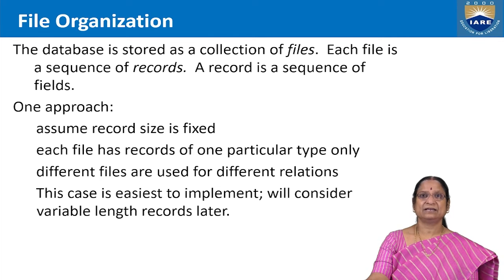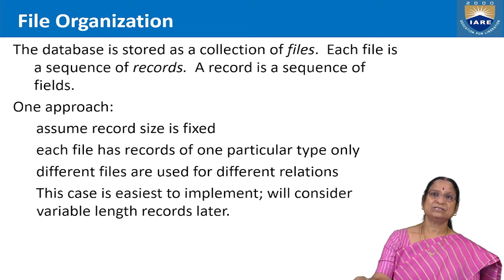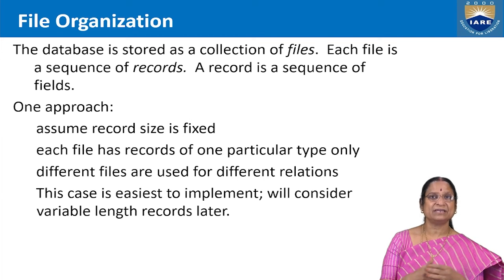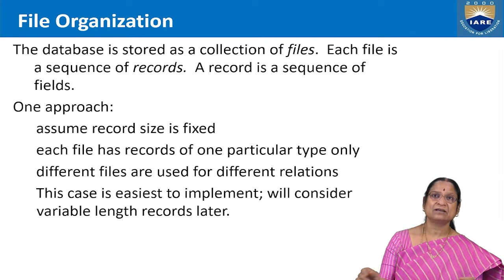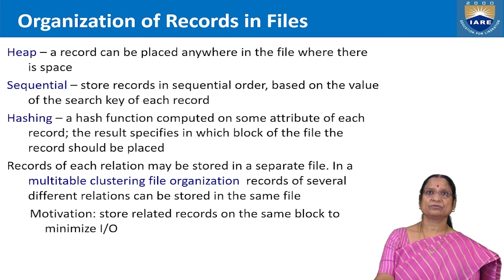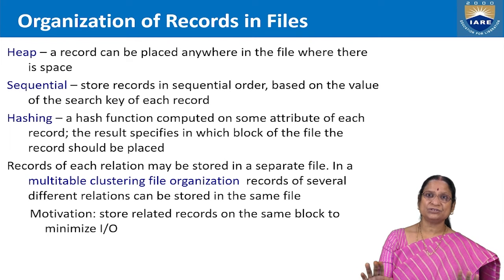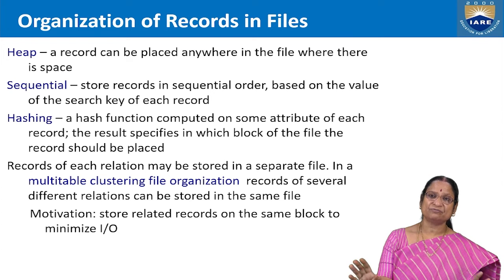In our case, a tuple is a sequence of attributes. These records may be of fixed size or variable size. We will call them fixed records and variable records. Fixed means the length of each record in the file is the same. Variable means the length of each record is different.